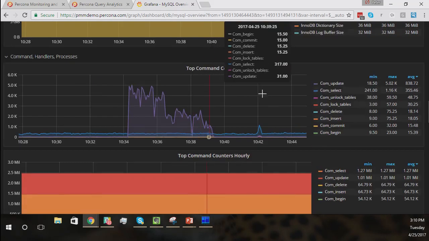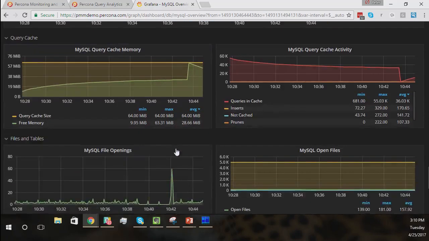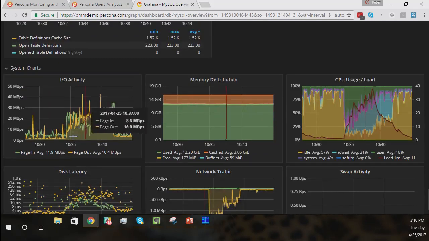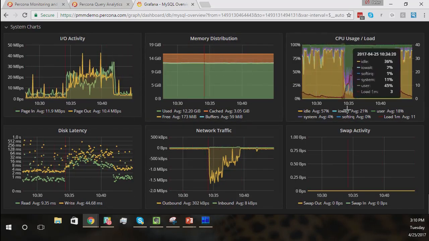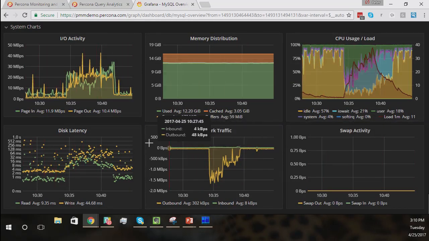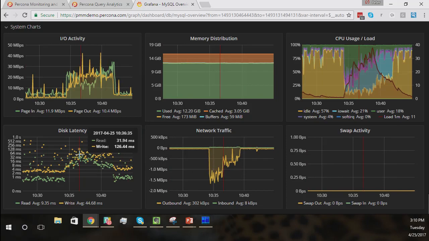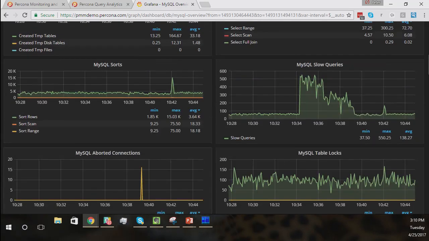One of the ways is, of course, to jump to the operating system, but we find that's often not very convenient. So what we allow you is to also put the system graphs in the same dashboard. So you can actually look at what has been happening at the operating system level in the period you are investigating. Often that can provide some very good insights.